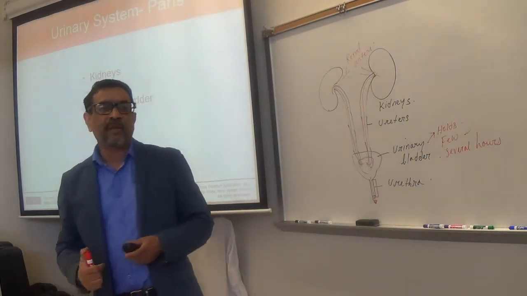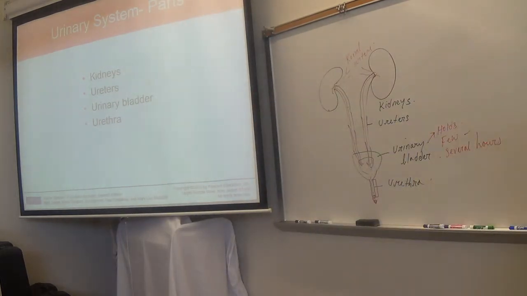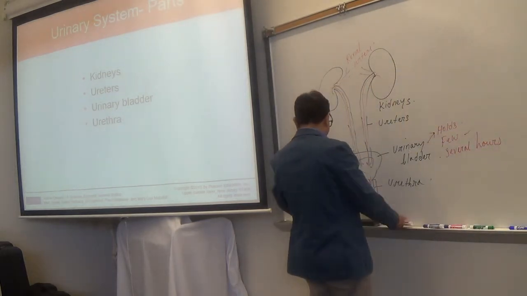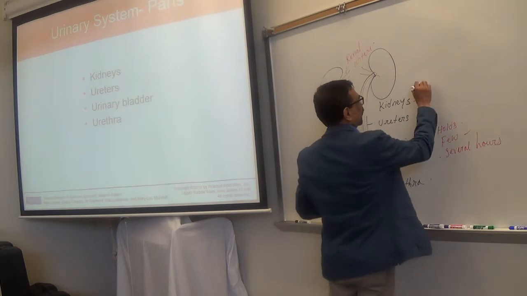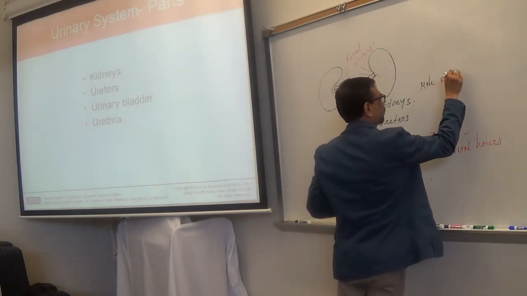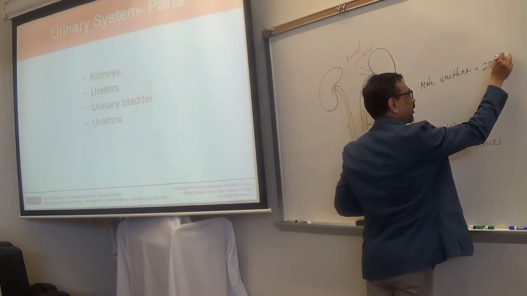Now, only the urethra part is different in male and female. You know, the male urethra is much longer than the female urethra. Male urethra is about 20 centimeter long.